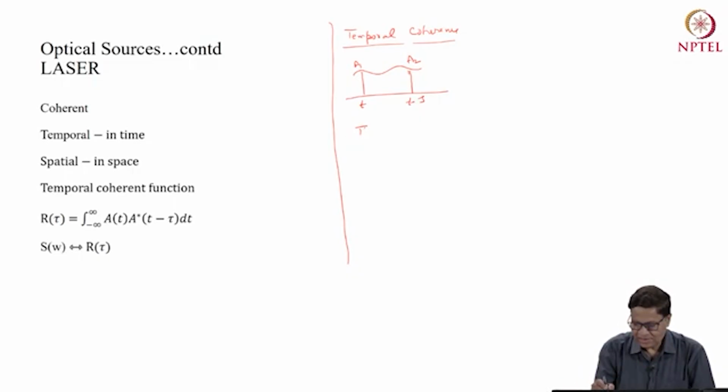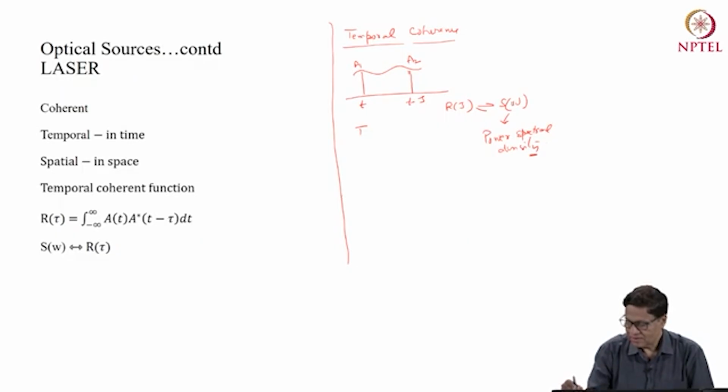Now we will see that this coherence function, R(tau), forms a Fourier transform pair with S(omega), which is the power spectral density. This we should recall from the signals and systems course.